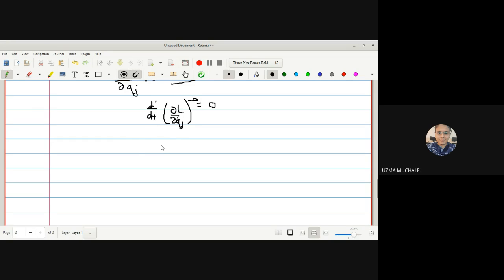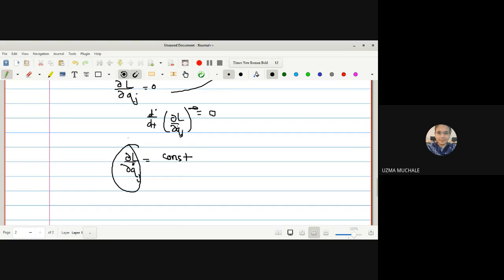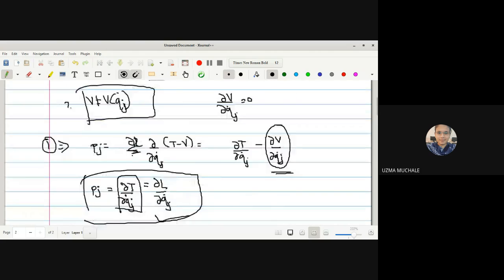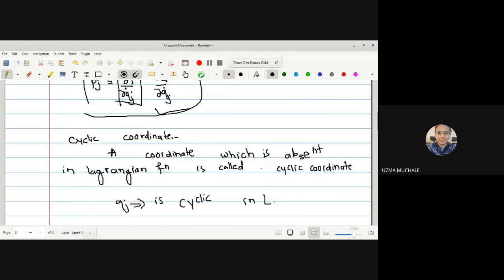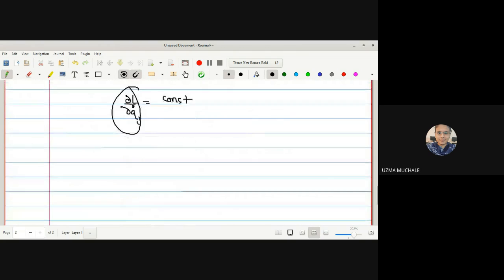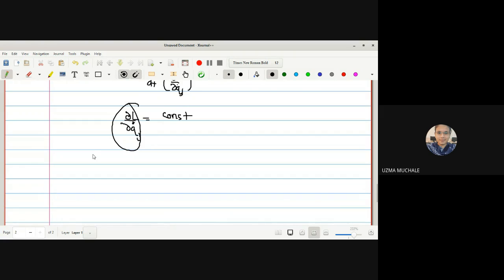So now we can integrate with respect to t. We get the result dou L by dou Qj dot equal to a constant term. But what is the value of dou L by dou Qj dot? Just now in the initial part of this lecture I showed you that, from equation 1, it is Pj. So the value of your generalized momentum is nothing but dou L by dou Qj dot.